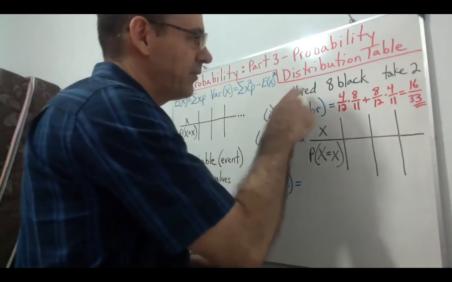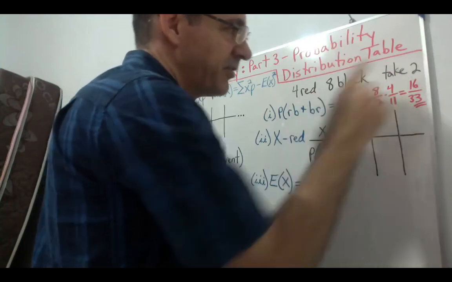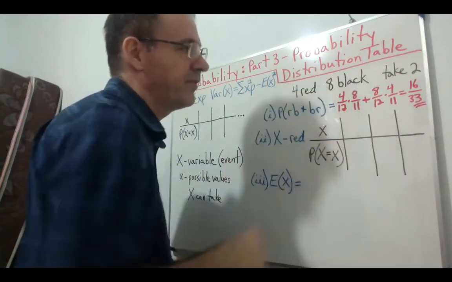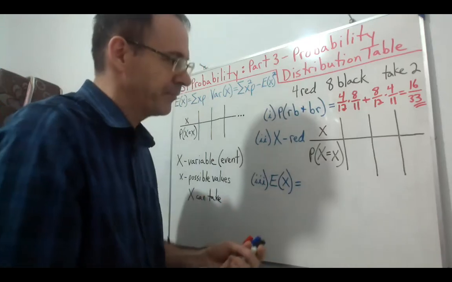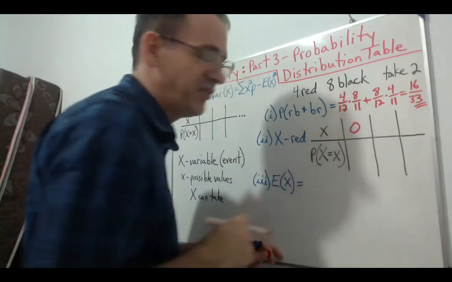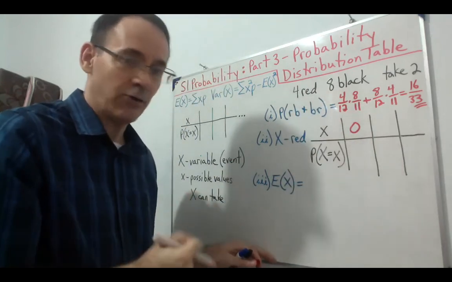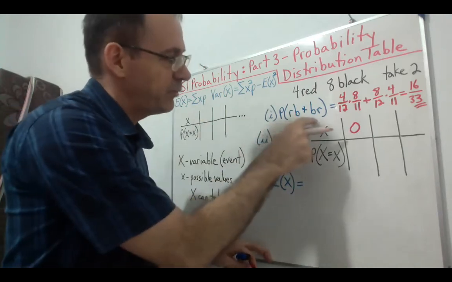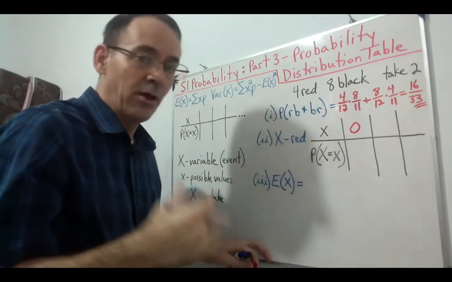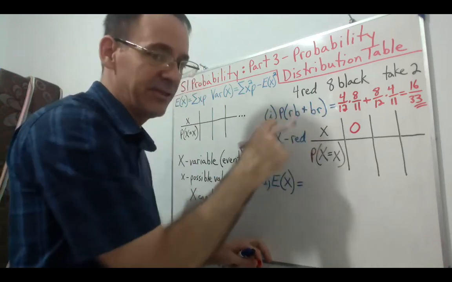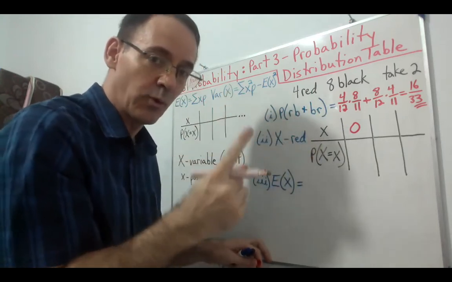If you have 4 red socks and 8 black socks and you're only taking 2, it's possible that both of those socks are black, meaning you can have a 0 as an outcome for the number of red socks. You could also have 1 red and 1 black in either order. It doesn't matter, you end up with 1 red.